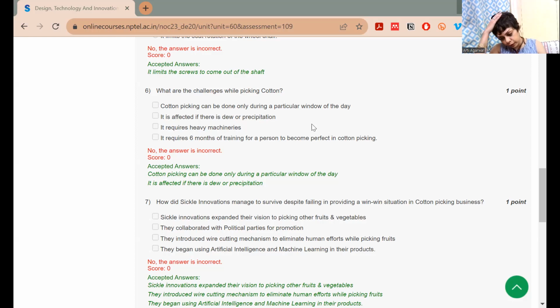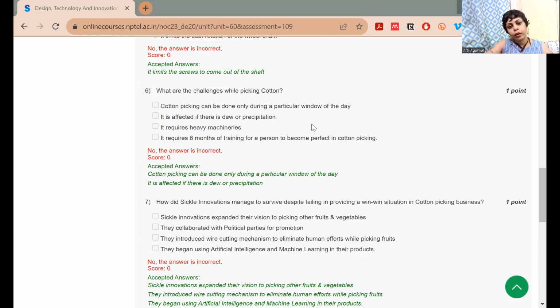Now, I think he's explained how one of the major challenges, not just in picking cotton, but even in designing something to pick cotton in the fields, is that cotton picking can be done, firstly, only in the harvest season, which is a short, small window of time within the year.